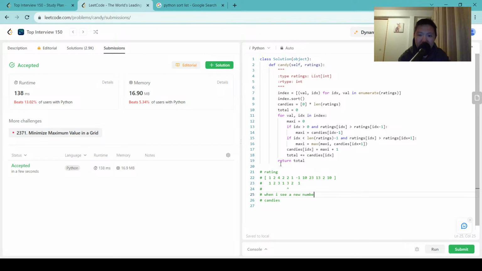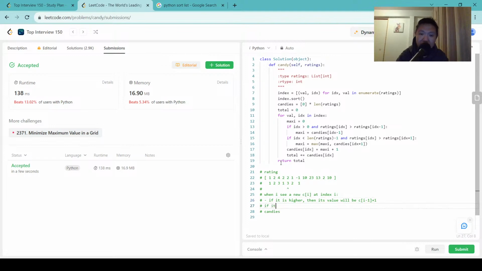When I see a new number, if it is higher than the one before it, then its value Ci will be C(i-1) plus 1. Yep, one more than the previous.